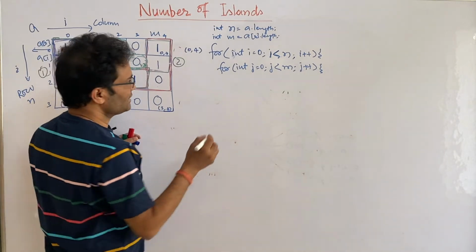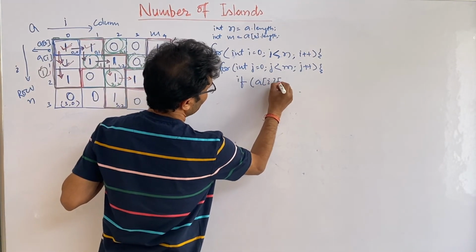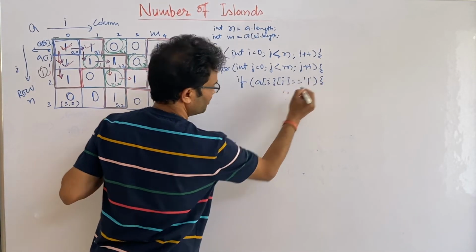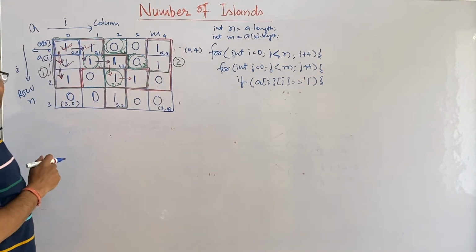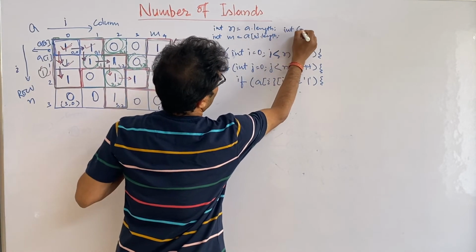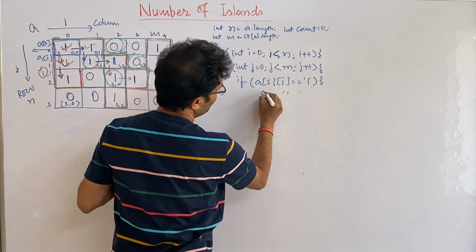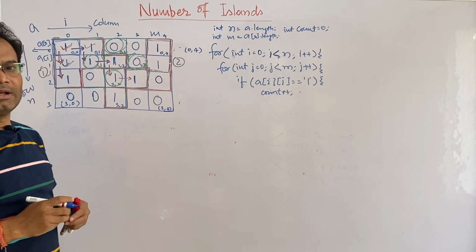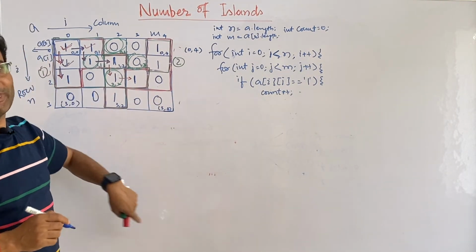Now the logic is start here. Check if this A i j is equal to 1, means this is not visited and currently we are here. So we also add one counter, int count is equal to 0. So first what I will do, I will increase the counter and then I will send this element to my another method.